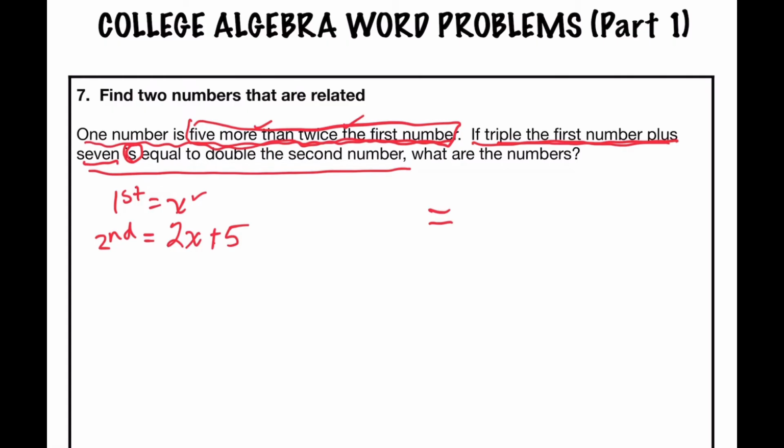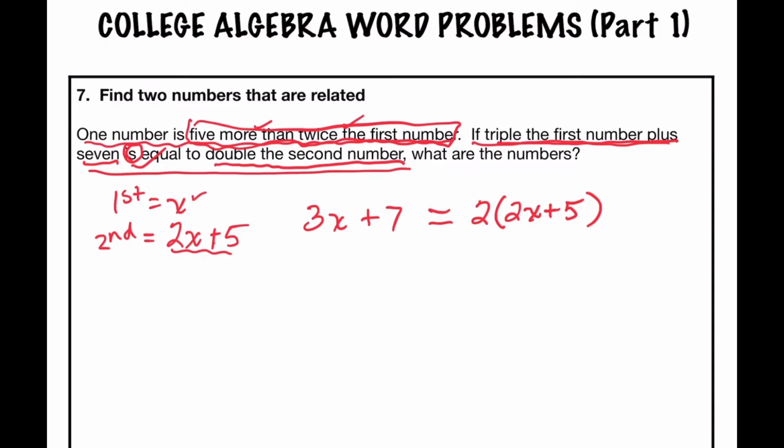Triple x will be 3 times x plus the 7. Here's my equal sign, is. Double the second number. Double means 2 times. Well, the second number is 2x plus 5. So I want 2, and I'm going to open up a set of parentheses because 2x plus 5 is an expression of the second number. So my equation would say 3x plus 7 equals 2 times 2x plus 5.